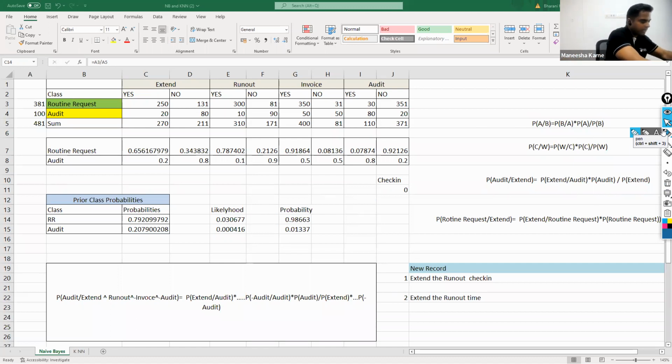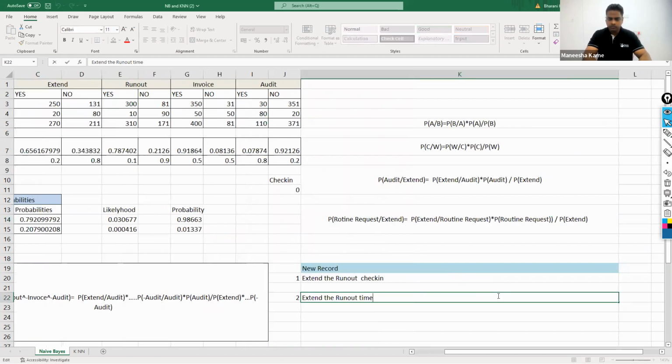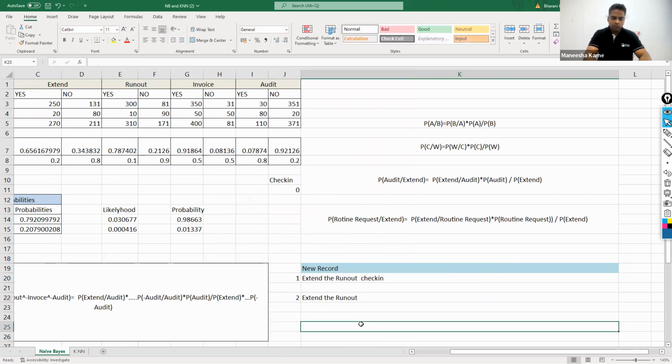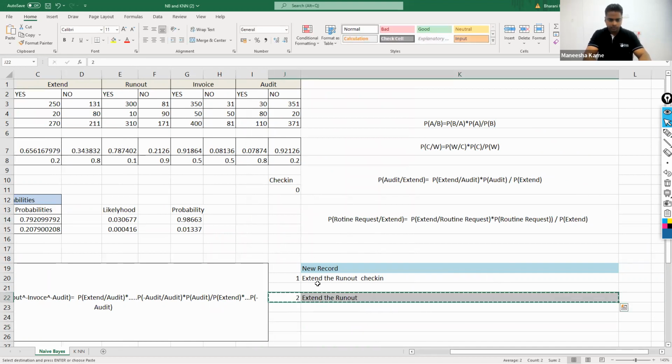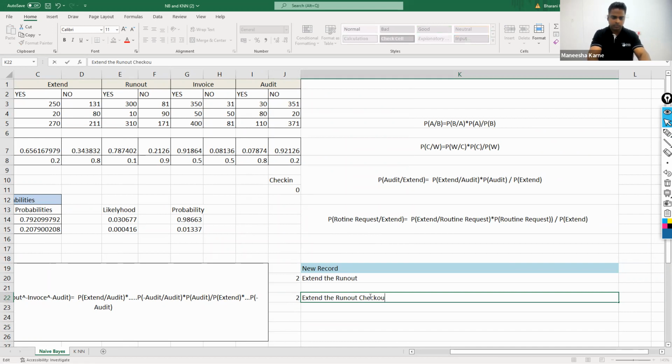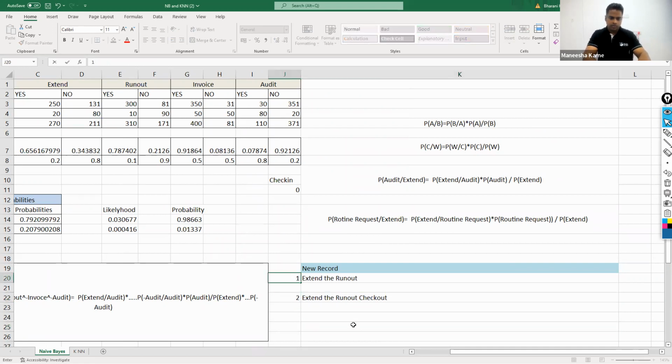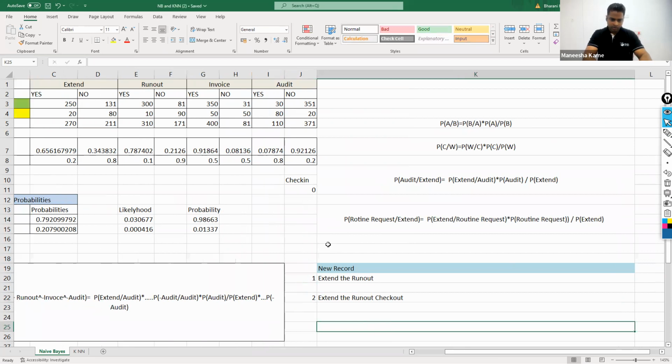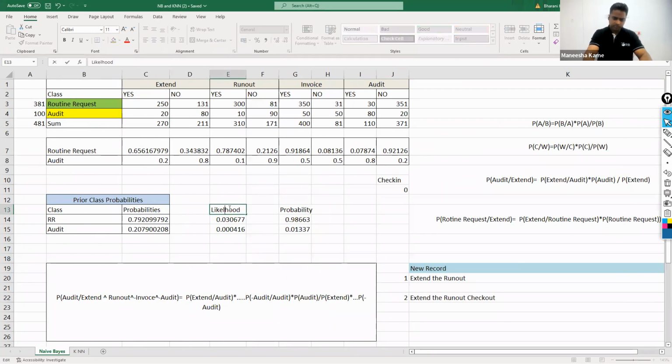Now, let me do one simple calculation for you guys. Okay. Say you have a request which says, extend the runout, and spelling mistakes.